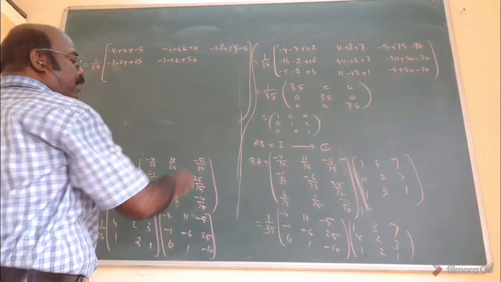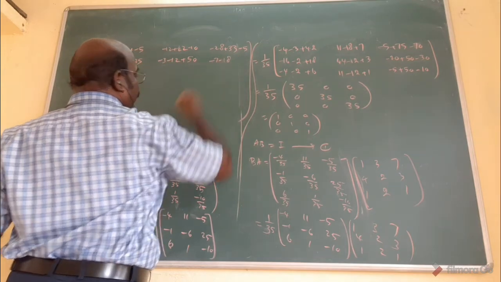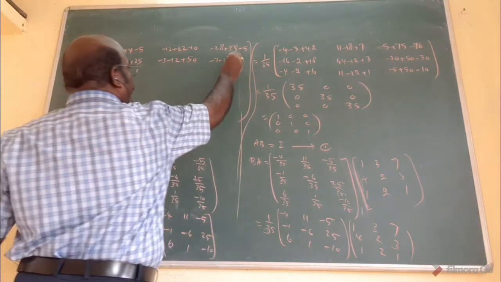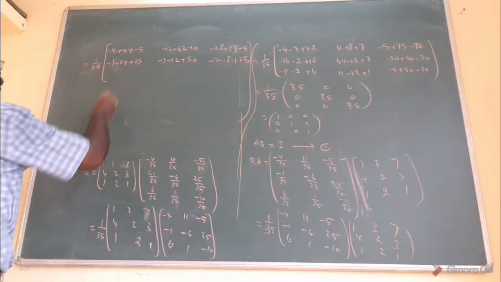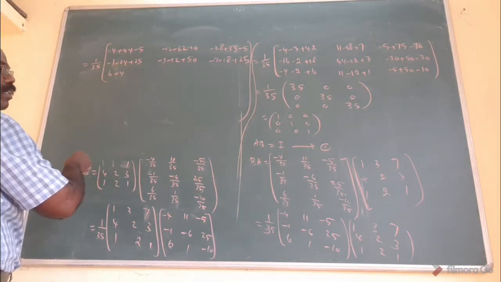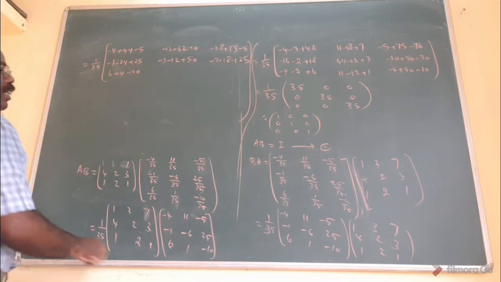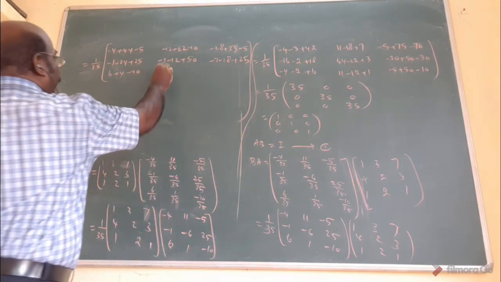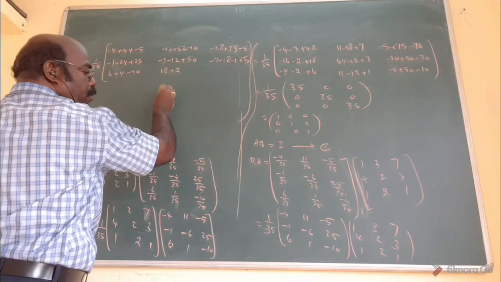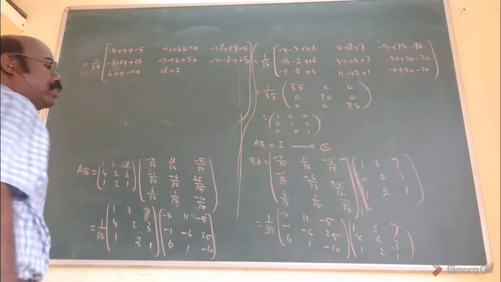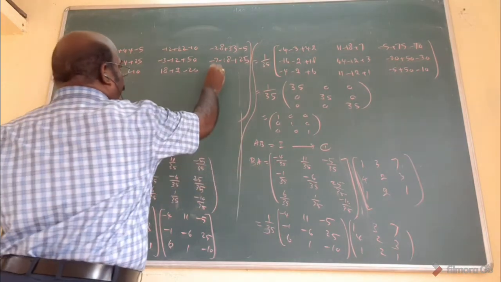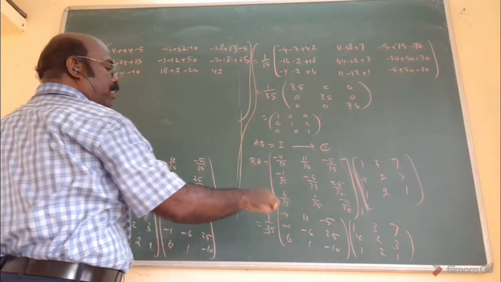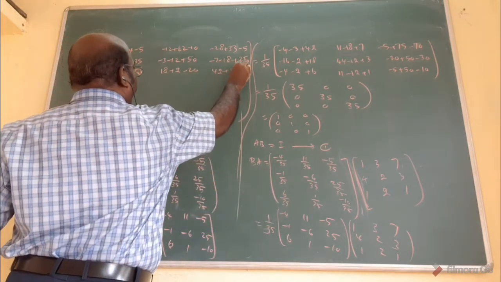Last say, minus 7, 18, 10 plus 22. Last say, 6, 4, minus 10. Next say, 18 plus 2, minus 20. Last say, 42 plus 3, minus 10.